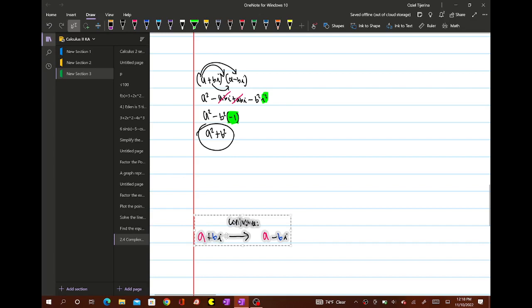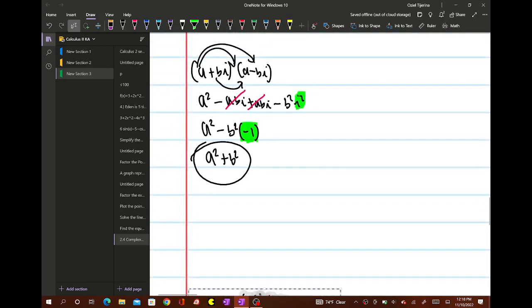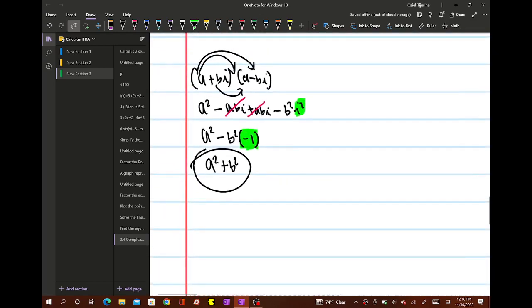It's kind of like when we did square roots. Doing that, you actually get a squared plus b squared.